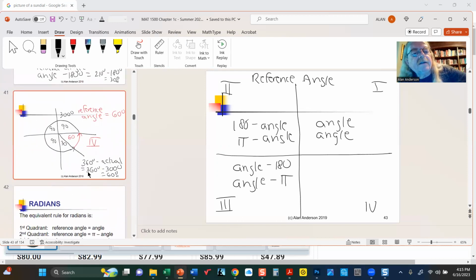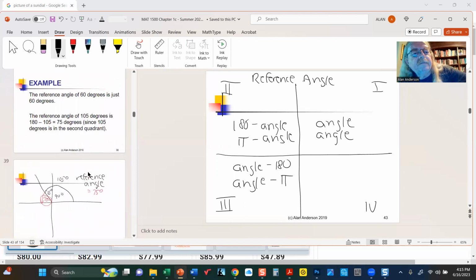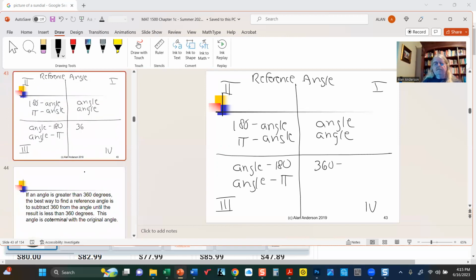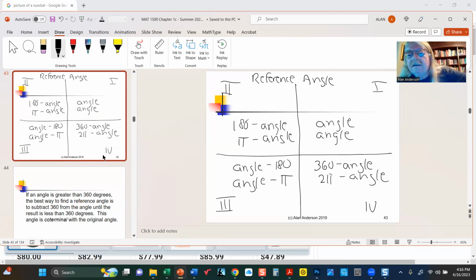And then in the last case, the last quadrant, it's 360 minus angle, or 2 pi minus angle. All right.